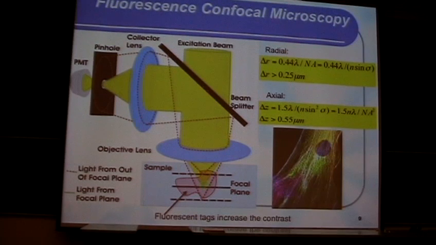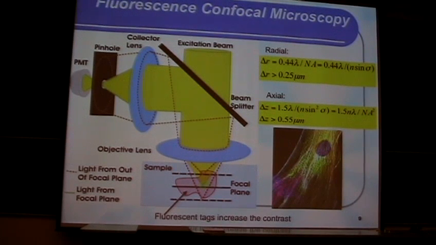And then, because this beam splitter is designed in such a way that it reflects the longer wavelengths of the fluorescent light coming from the sample, the fluorescent light will be reflected in this direction, and then there is another lens which allows you to focus this fluorescent light through the pinhole, and then the light is detected using a detector such as photomultiplier tube.